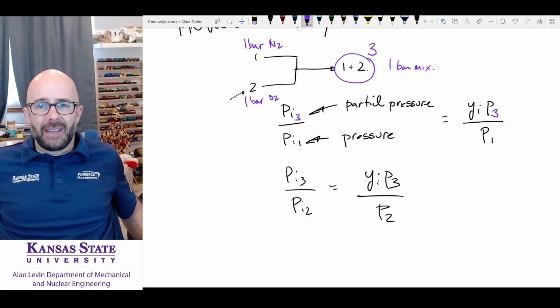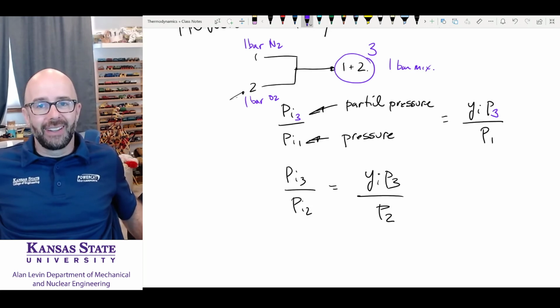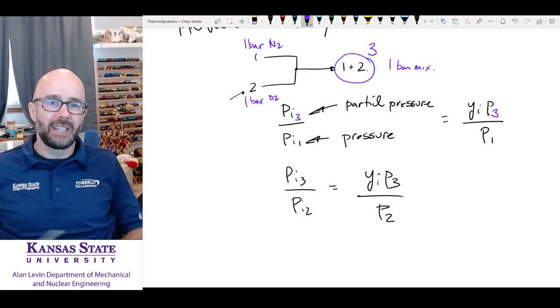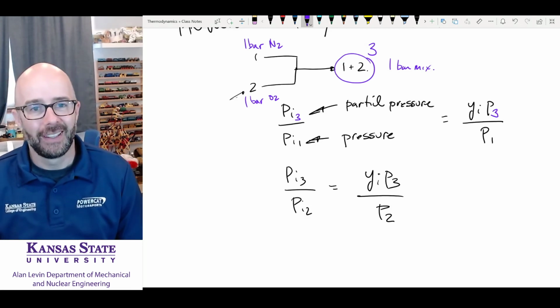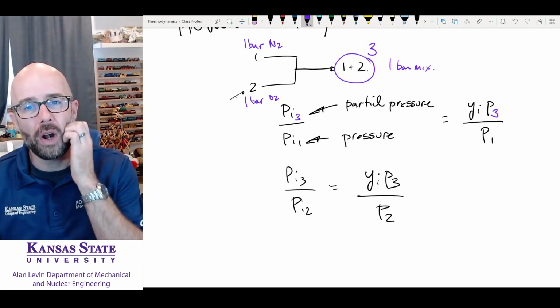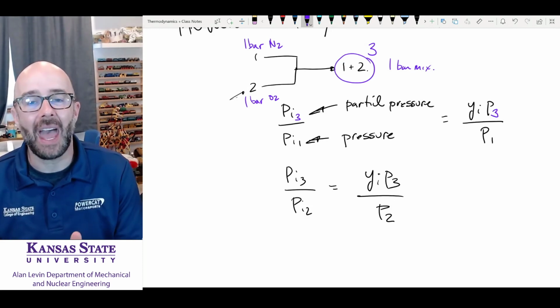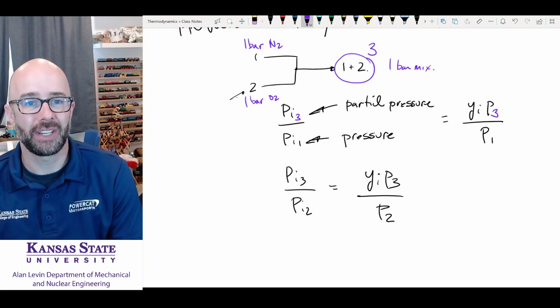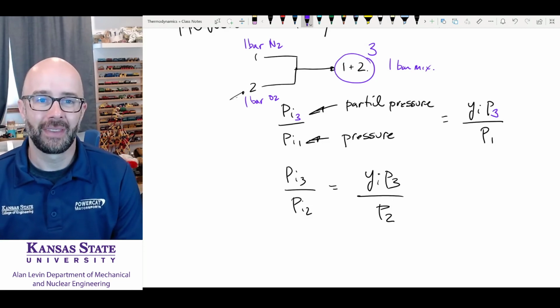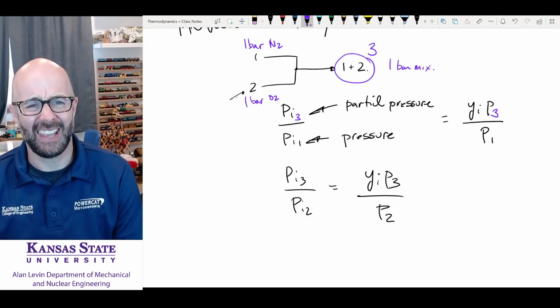What's going to happen is that the nitrogen is going to decrease its partial pressure when it comes to the mixture, and the oxygen is going to decrease its partial pressure in the mixture because we're following that Dalton model. Okay, that is important for you to understand. It's not that we have 1 bar of nitrogen at state 1 and 1 bar of nitrogen at state 3. We don't.